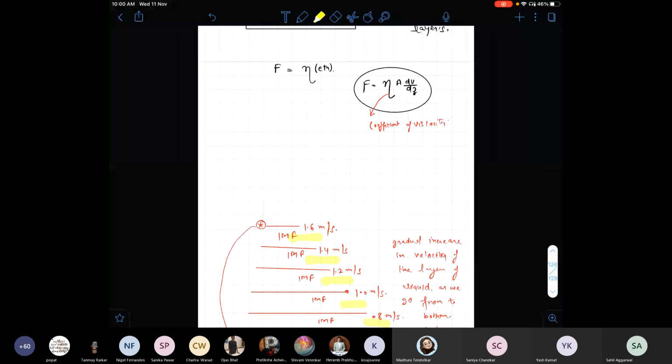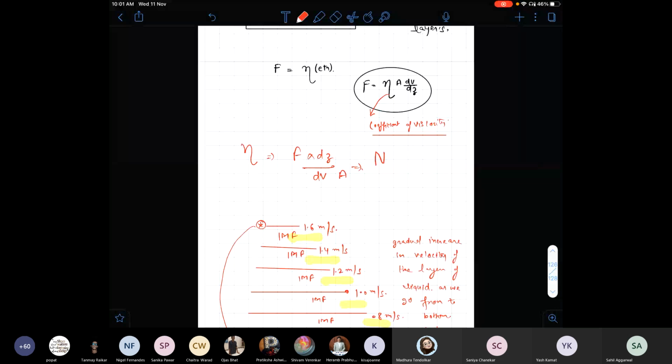Understood. Let's talk about the coefficient of viscosity. So eta will be equals to force into dz divided by dv into A. Coefficient of viscosity की unit क्या आएगी? What would be the unit of coefficient of viscosity?